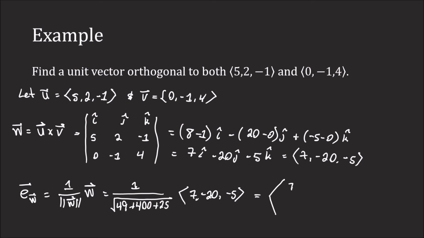So we wind up with 7 over the square root of 474, negative 20 over the square root of 474, and negative 5 over the square root of 474. And so there's our unit vector that is orthogonal to both u and v.